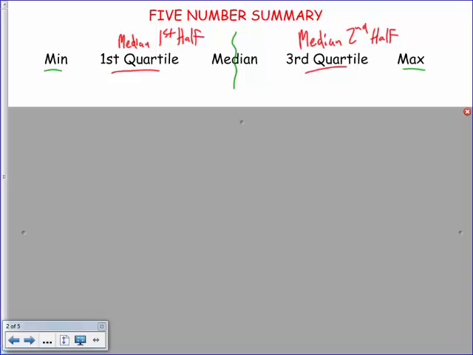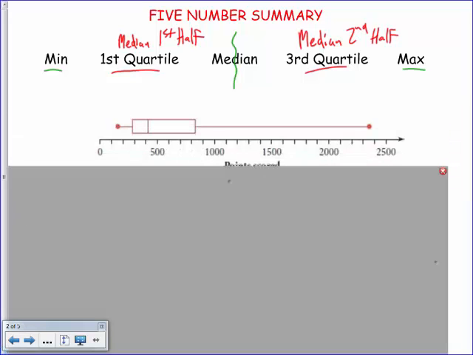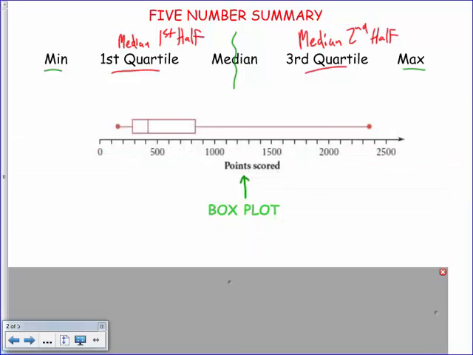And if you remember, back in the day, you made a box plot out of that data. So if you take a look, our minimum and our maximum were made by little whiskers. And then our median was the middle piece. Our first quartile was the left end of the box, and our third quartile was the right end of the box.